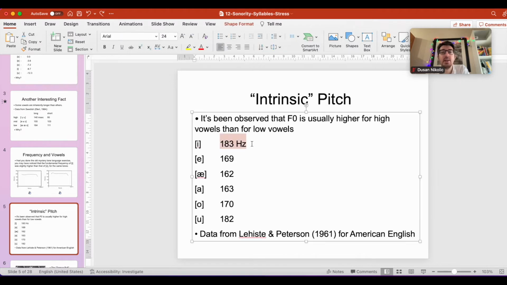So E will in general have the highest frequency, the highest F0. A will have lower, and A will have the lowest frequency. Now when we go up to the mid, O will have a little bit higher frequency, and U will also have a very high frequency. So E and U are higher in their frequency.